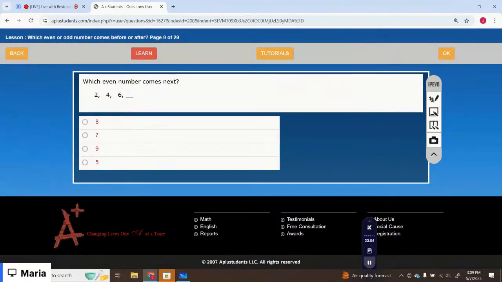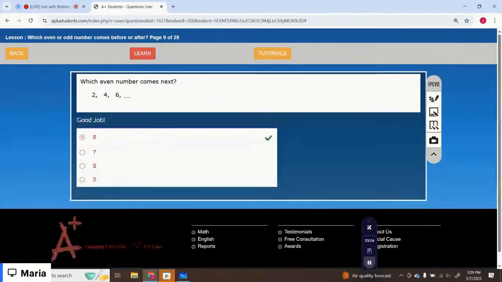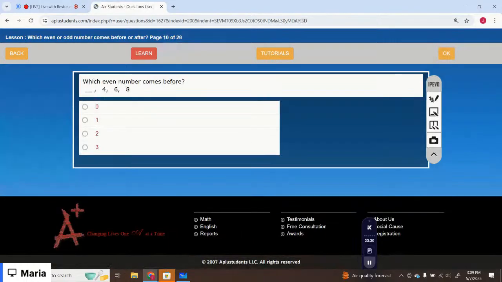Which even number comes next? So which is the next one? That is 8. Which even number comes before?